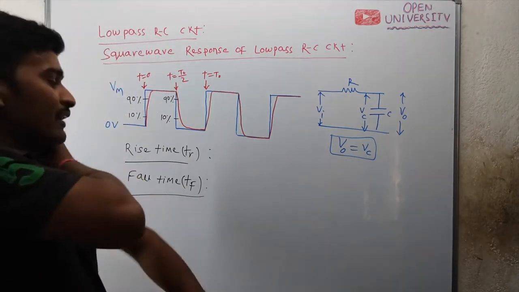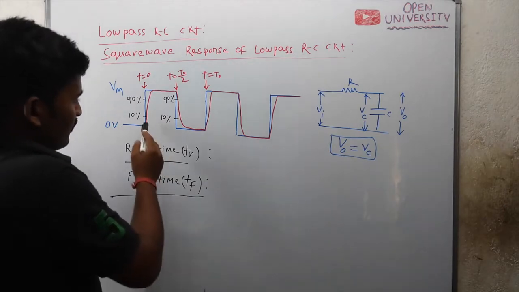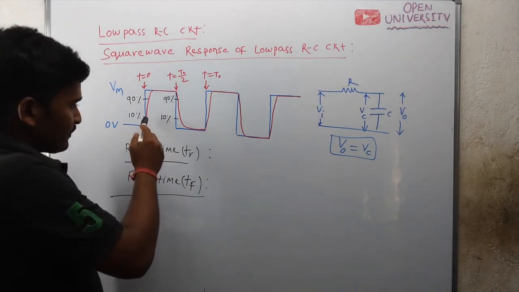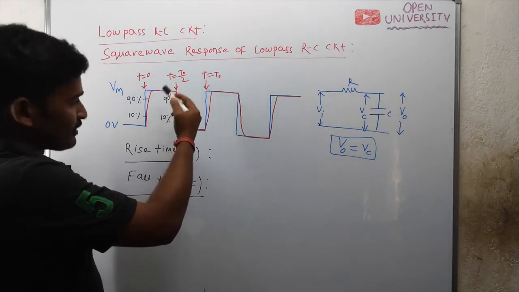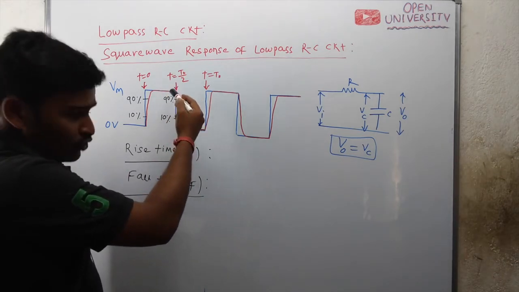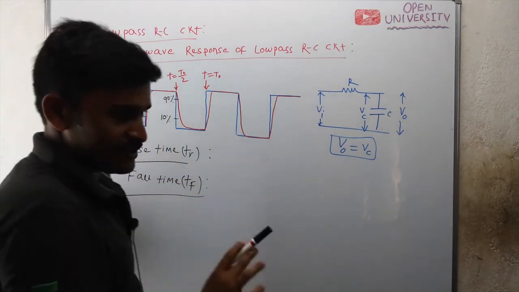Now we'll calculate the formula for rise time. Whatever amount of time is taken from 10% to reach 90% output, the same time we will also take to decrease from 90% to 10%. So that means rise time is the same as fall time.